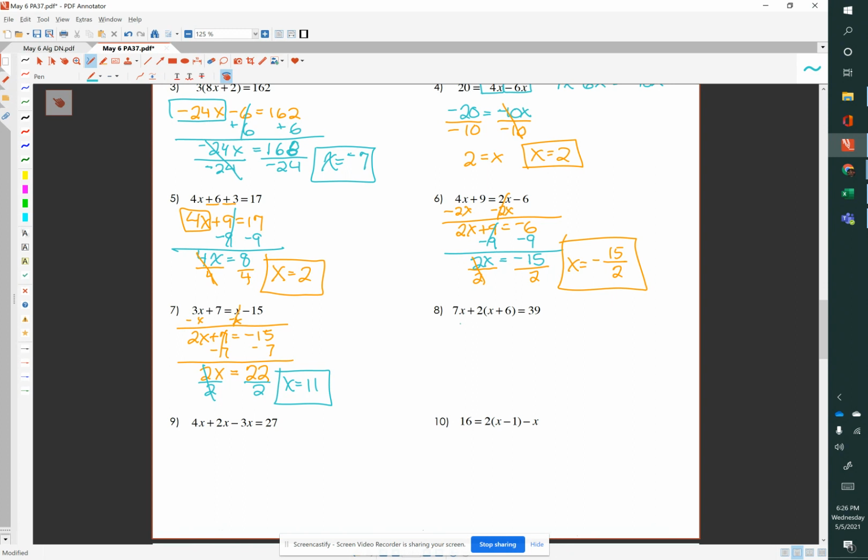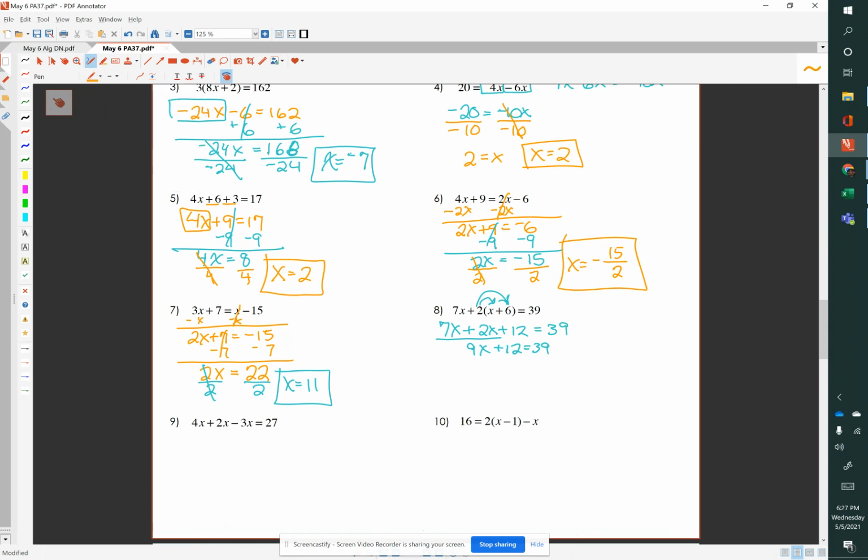Number 8, 7x plus 2 times the quantity of x plus 6 equals 39. The first thing we need to do is to distribute the 2 through the quantity of x plus 6. So we'll just write that 7x plus 2x plus 12, that's after we distribute, equals 39. We can combine 7x and 2x to give us 9x plus 12 equals 39.